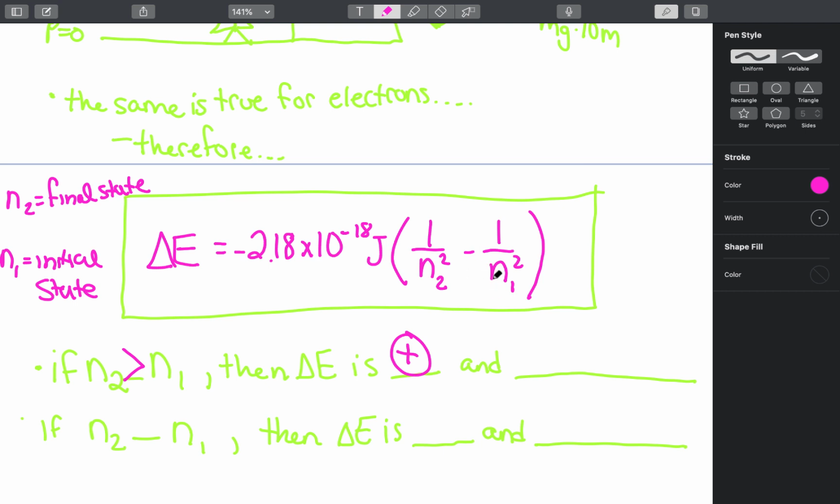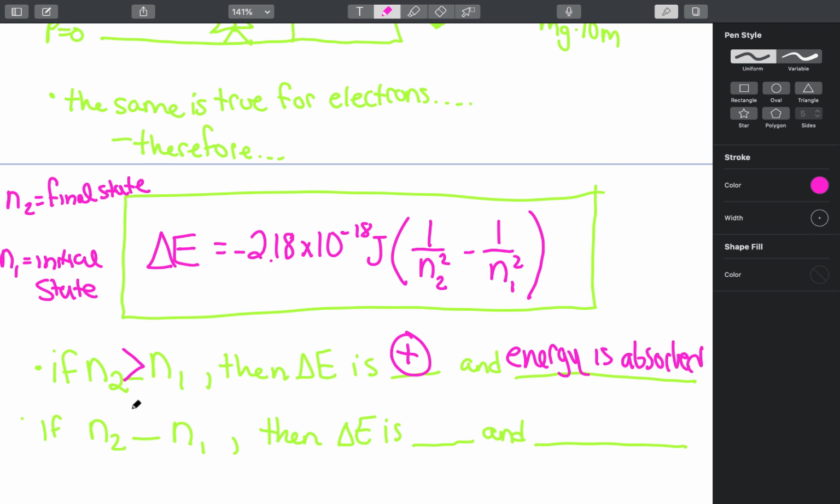However, if the negative number is multiplied by another negative number, you get positive. And this also makes sense because if the final state is higher in energy than the initial state, the electron would have to absorb energy. So delta E would be positive, and energy is absorbed.